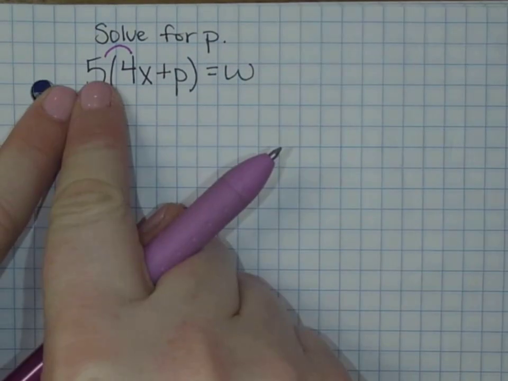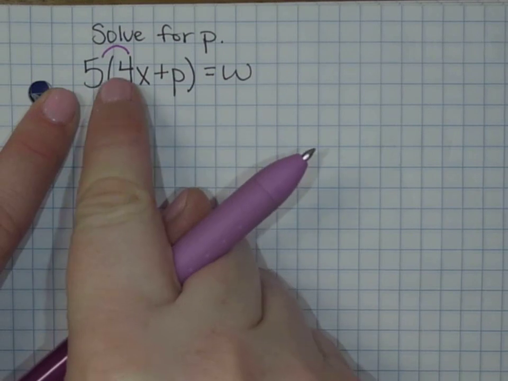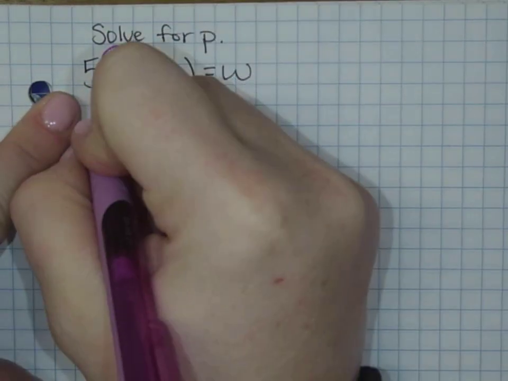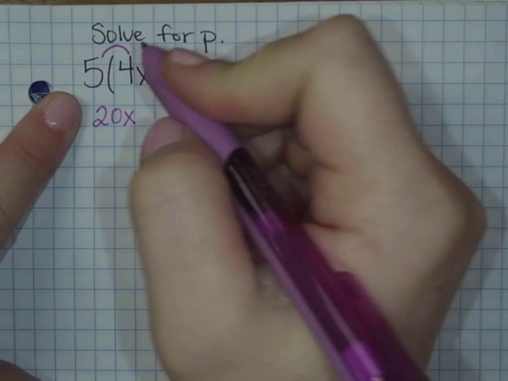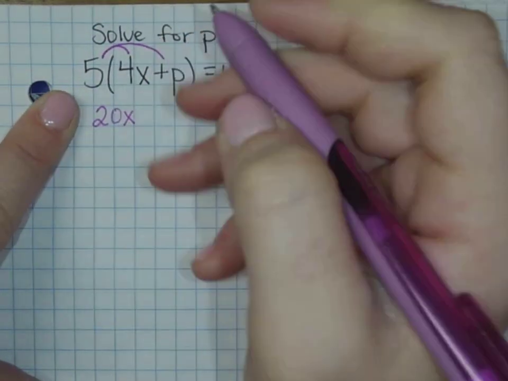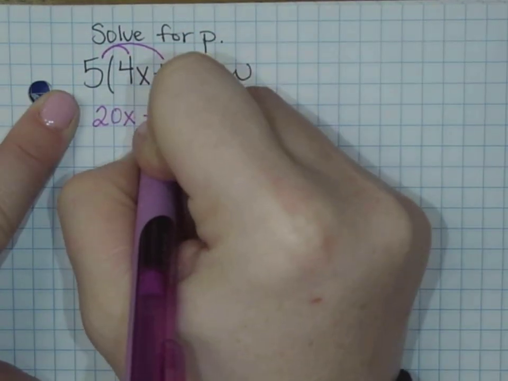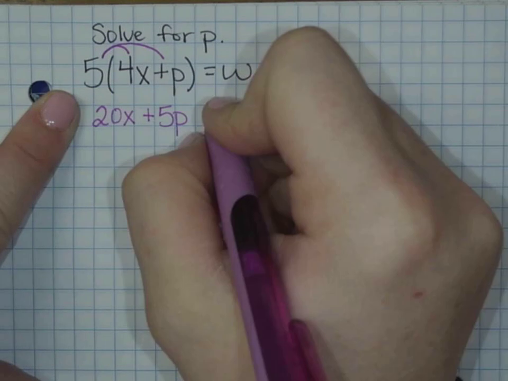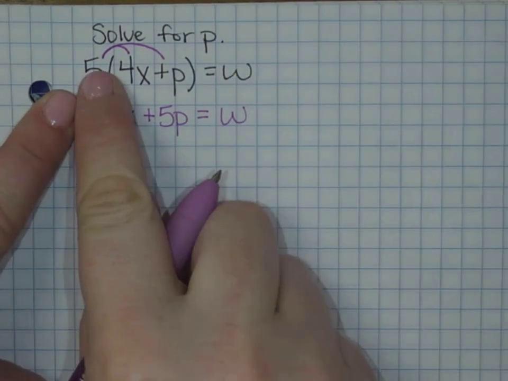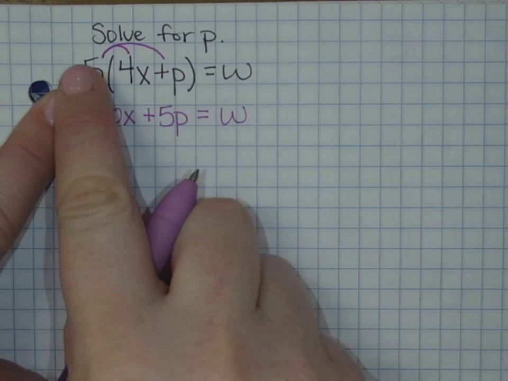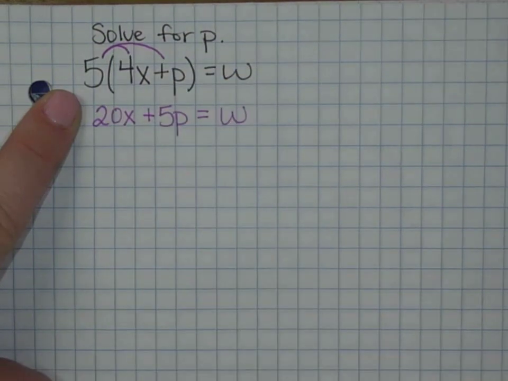So I'm going to multiply 5 times 4x. Well, 5 times 4 is 20, so 20, and then don't forget the x. And then 5 times p would be 5p, and then equals w. Remember, this parentheses is only around this stuff, so I don't multiply the 5 times the w.